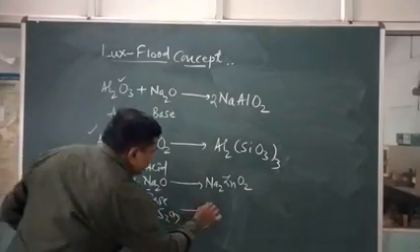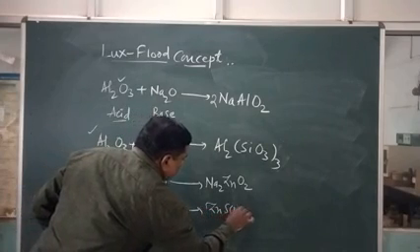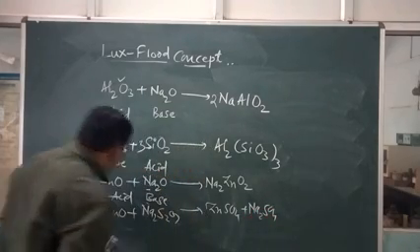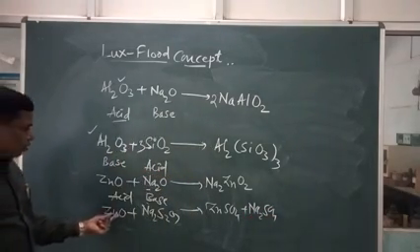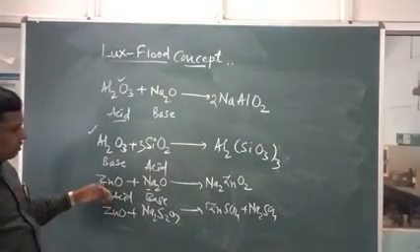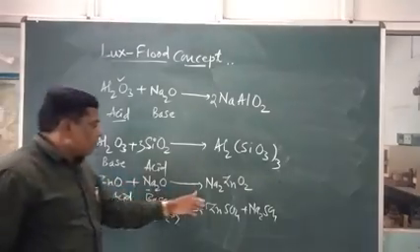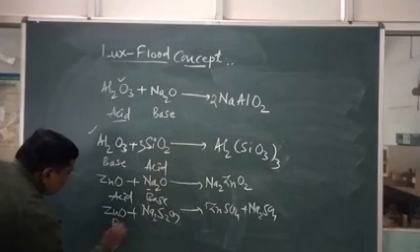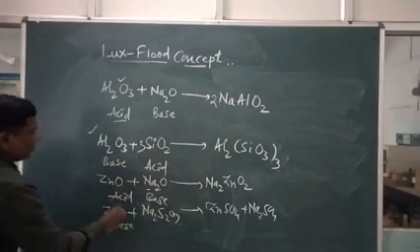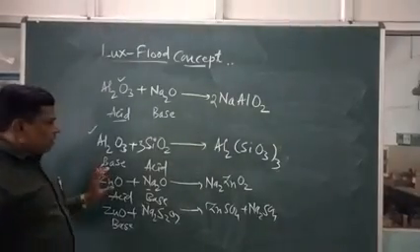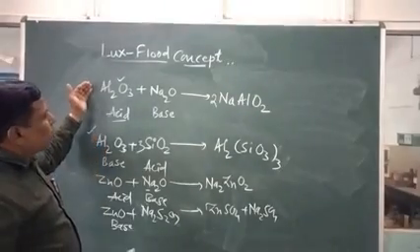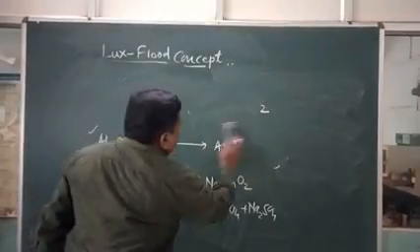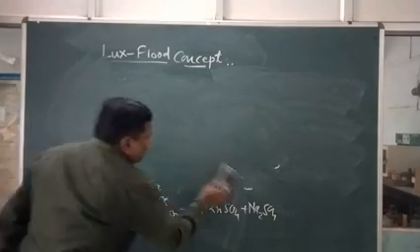This totally forms ZnSO4 plus Na2SO4, and totally the oxygen goes here, and therefore it acts as the base. Here it acts as the base, here it acts as the acid, and therefore this is the role of amphoteric behavior.